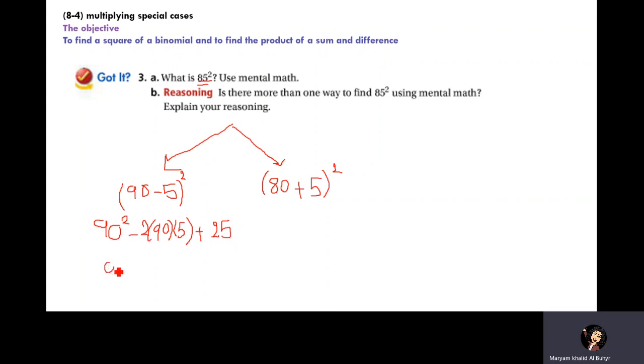Keep in your mind here, there will be 2 zeros, 90 times 90. 90 times 90, it is 8,100 minus 2 times 5 times 90, 5 times 9, 10 times 9, 90, so that is 900 plus 25. You can just easily add these. Once you add them, that will be 9,000, 9,000 plus 25, so that is 9,025.